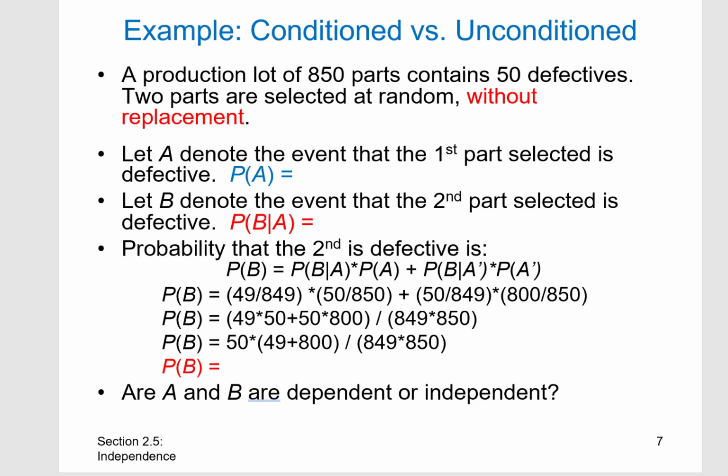So the probability of A is 50 out of 850. Now, let B denote the event that the second part selected is defective. Well, now I have one less. I have 49 out of 849.